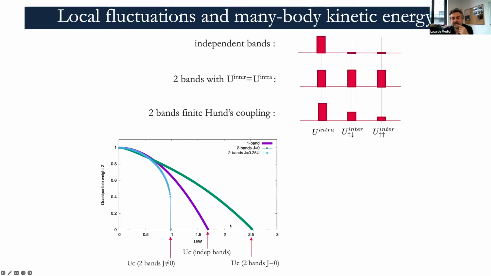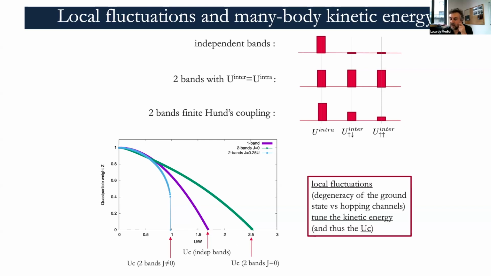So if you were tempted to describe it intuitively as a competition between repulsion and kinetic energy, this might maybe hold at very weak coupling, but certainly not at strong coupling, where what matters is actually these local configurations and how the many-body wave function fluctuates between them, which are ultimately regulated by the degeneracy of the ground state, how many states can be combined into a many-body state, and the many-body kinetic energy that this has, depending on the available and active hopping channels.